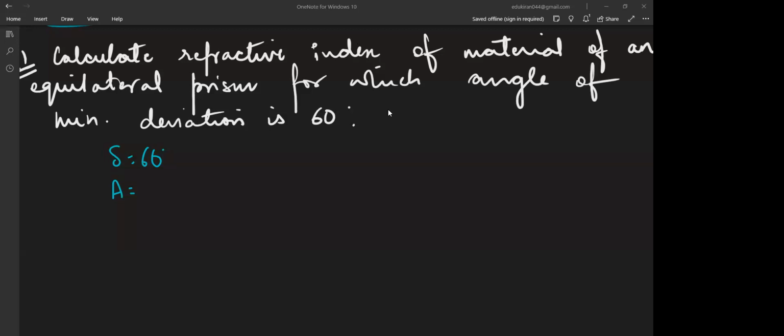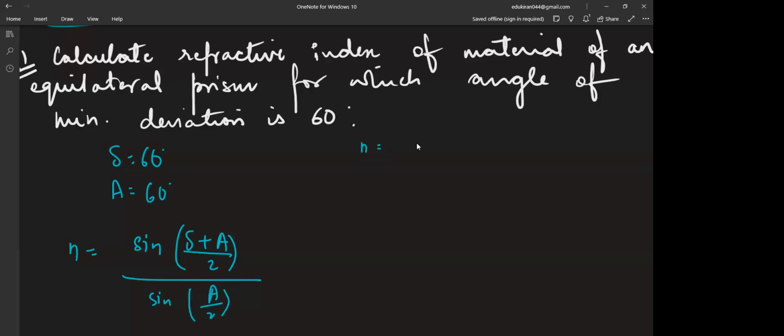See, equilateral triangle, equilateral prism. It's just the 3D form of it. So angle will also be 60 degree. Now, what is the value of n? N is sine of delta plus A by 2 divided by sine A by 2. So n will be sine of 60 plus 60 by 2, divided by sine 60 by 2.